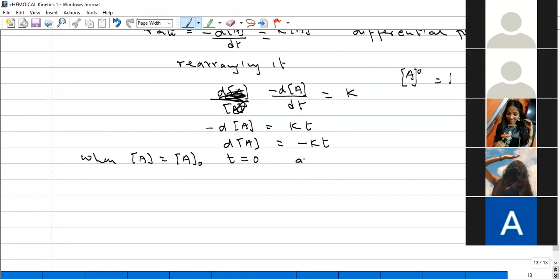And when the concentration of A is equal to At, t is equal to t.